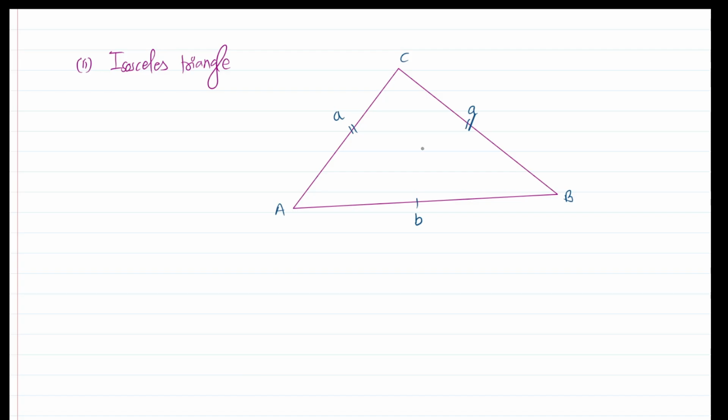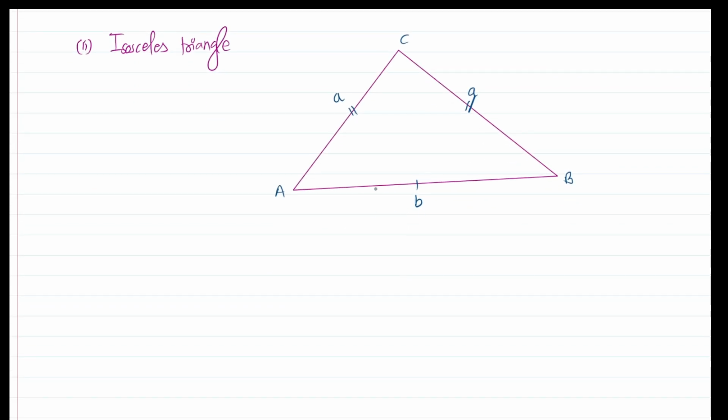First of all, we have to draw the perpendicular from C to AB. And in the case of an isosceles triangle as well, the perpendicular will bisect the side AB into two equal parts.